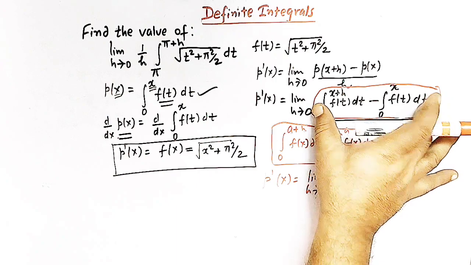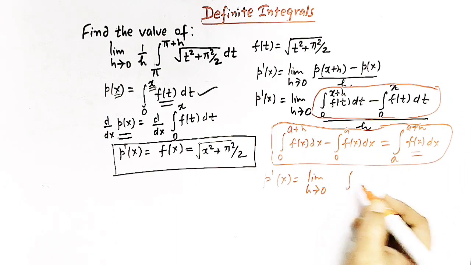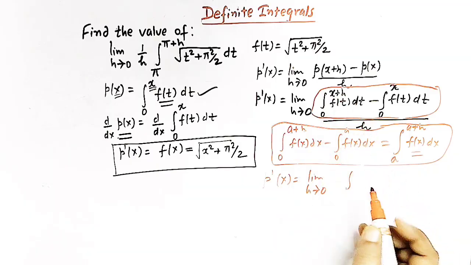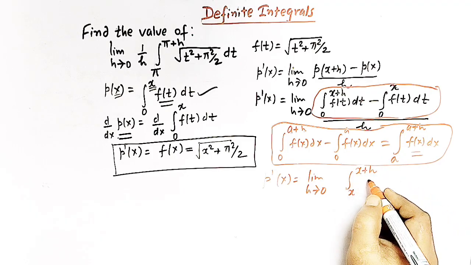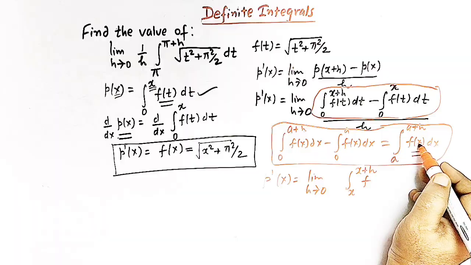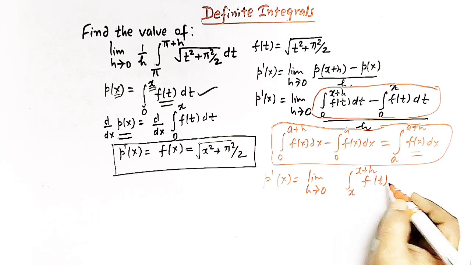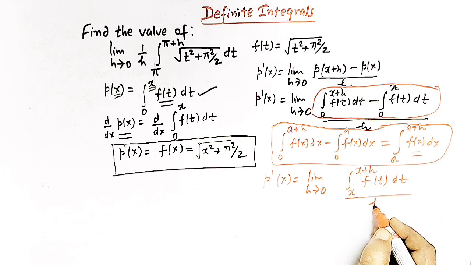So this difference is now equal to this expression, that is integral a to a plus h. So for a we have x, so here we have x, and here we have x plus h, and for the variable x we have here t. So we can now write f of t dt, and in the denominator we have h.